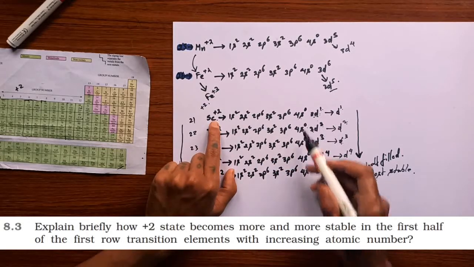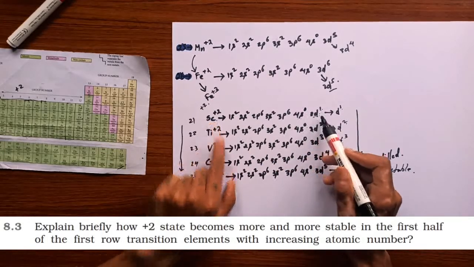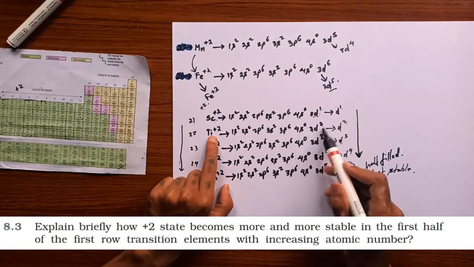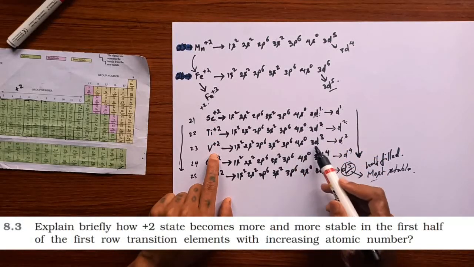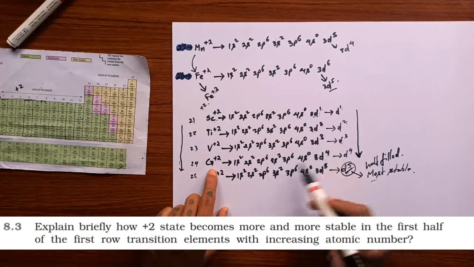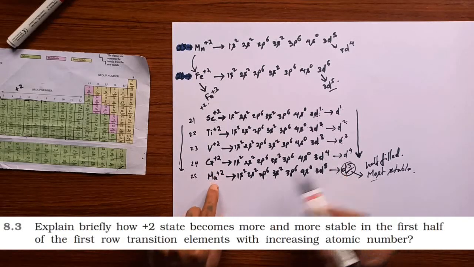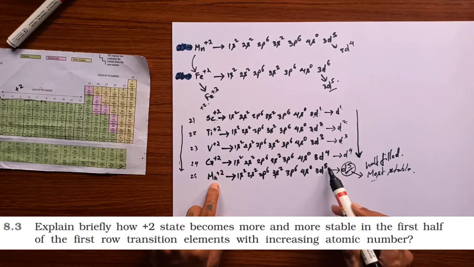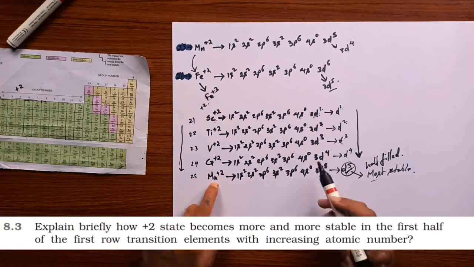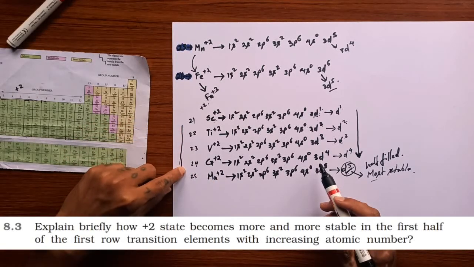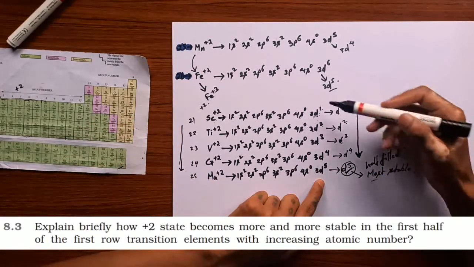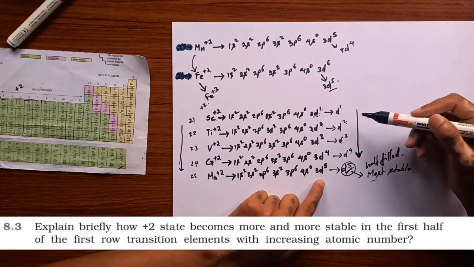In scandium we have 4s0 and 3d1. Titanium we have 4s0, 3d2. Vanadium 4s0, 3d3. Chromium 4s0, 3d4. Manganese 4s0 and 3d5. So as the atomic number increases, the d configuration also increases.